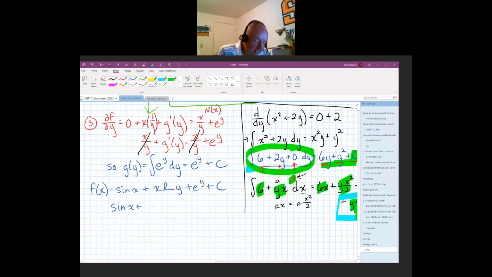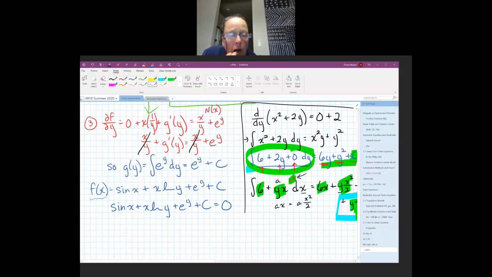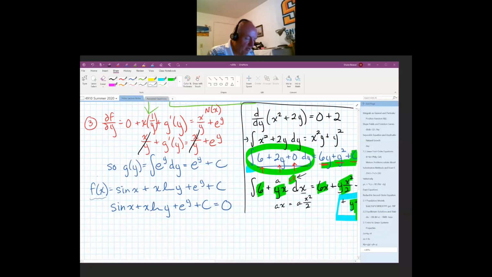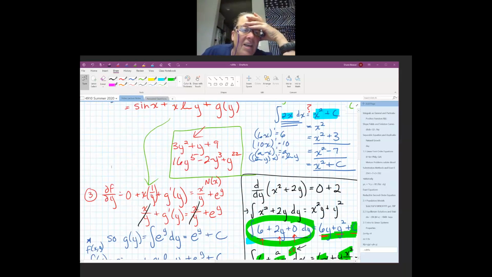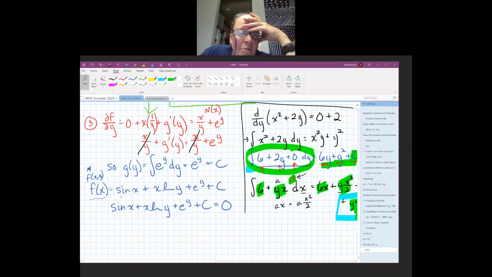So all we do is take this thing that we just found, which you found in every way correct, and set it equal to 0 so that it is an implicit equation rather than a function. Oh, okay. And by the way, this should be a function of x, y here and up above. That's right. Not a big deal.